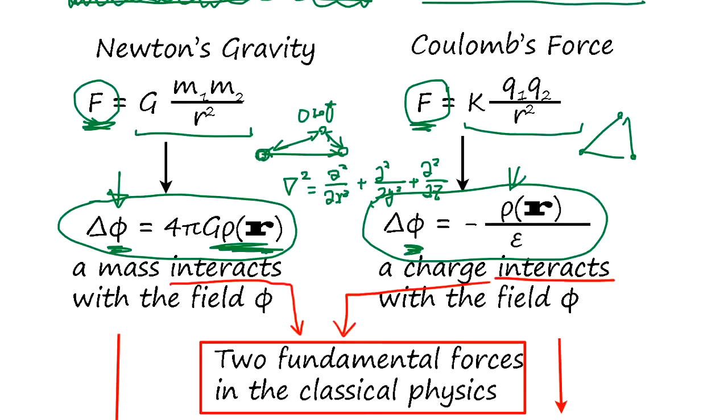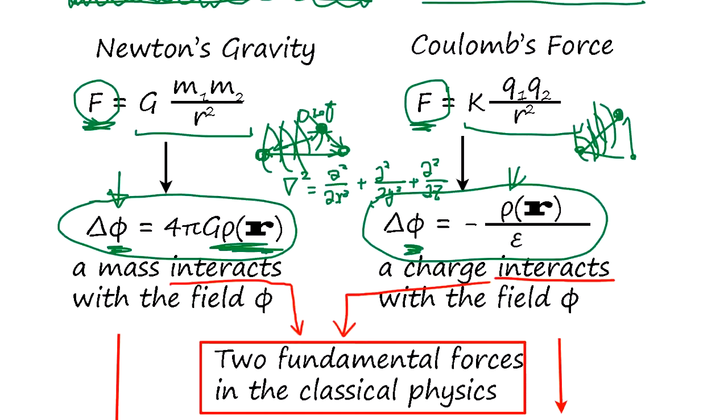Say you have a mass, this creates a potential field, and the potential field is going to interact with another mass. The same thing happens. You have a charge, it creates a potential field, and that interacts with another charge. So it's not direct interaction, but interaction between fields. This creates a field, and this creates a field.